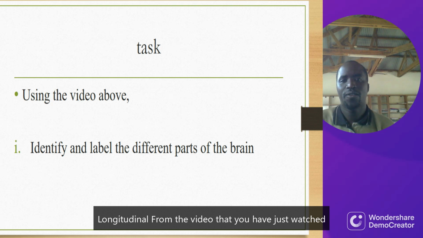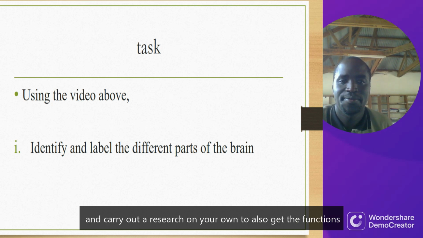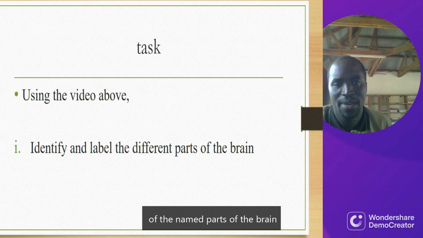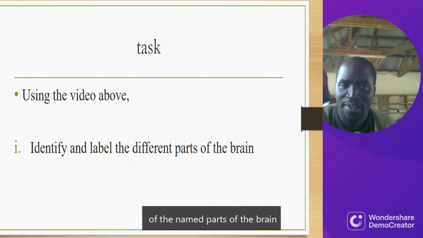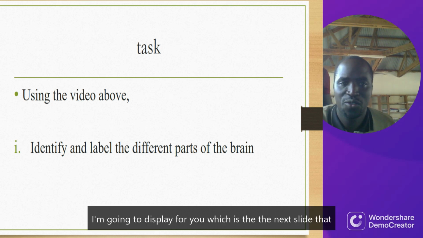From the video that you have just watched, you should be able to label the different parts of the brain and carry out a research on your own to also get the functions of the named parts of the brain. There is a diagram that I'm going to display for you, which is the next slide.